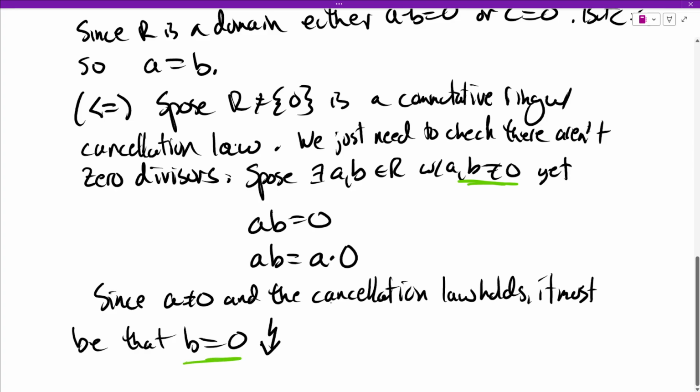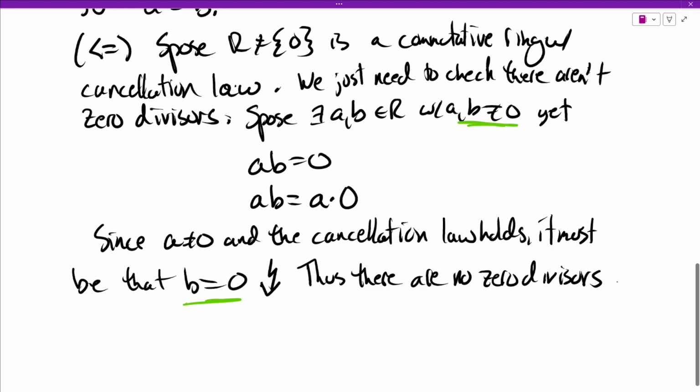Okay, so therefore there are no zero divisors. In particular, R is a domain. Great, that completes the proof.